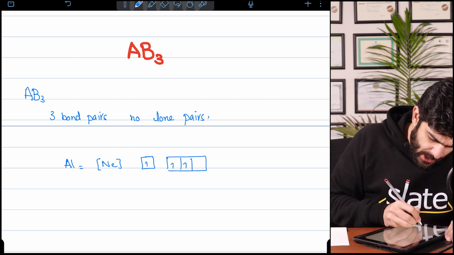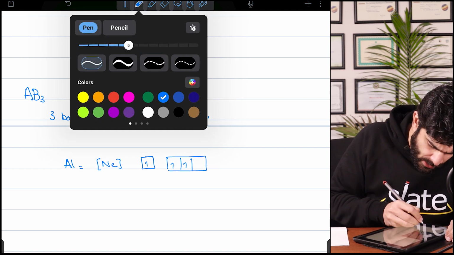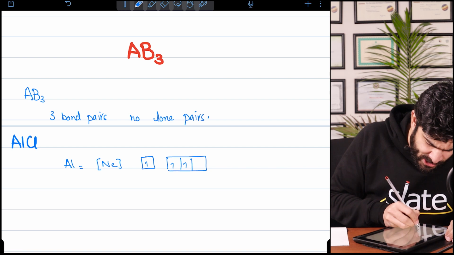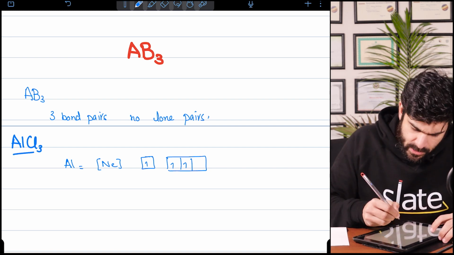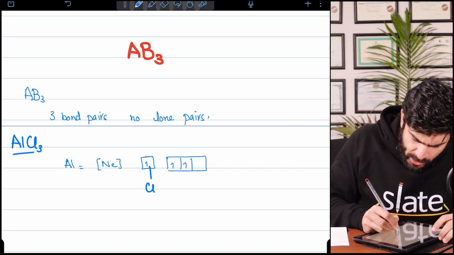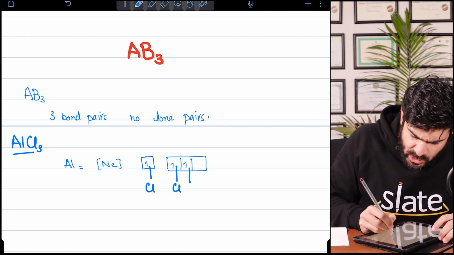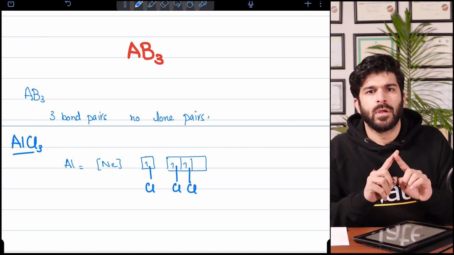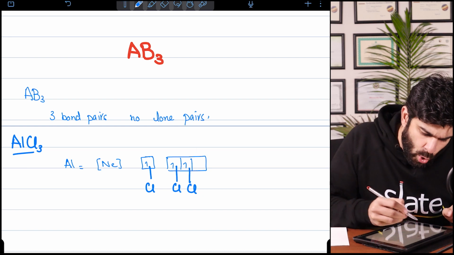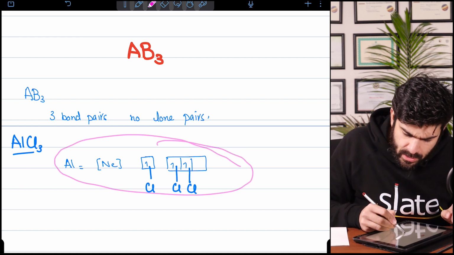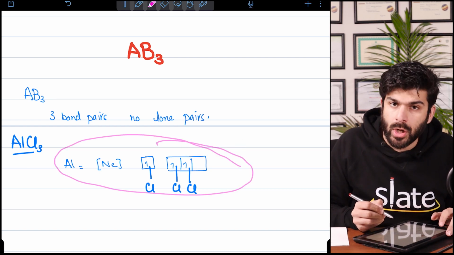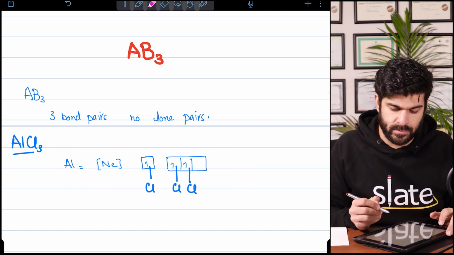And if we have a compound like a common, important one, AlCl3, aluminum chloride, each will be bonded with one Cl because Cl just needs one electron. So do we see a lone pair here in aluminum? Not at all. There is no lone pair.